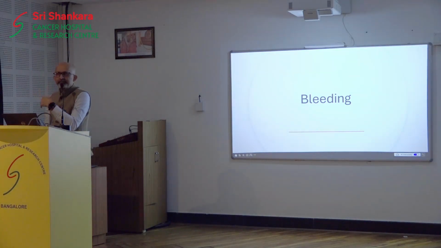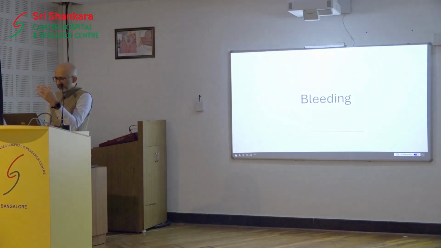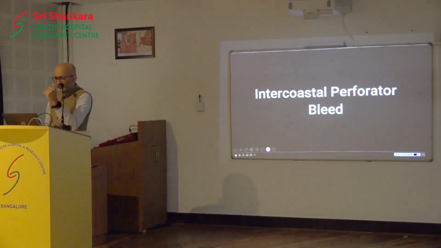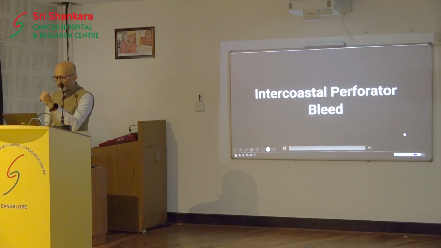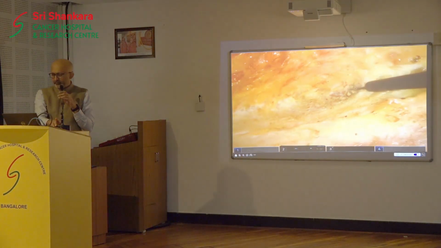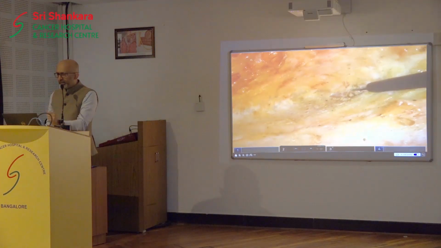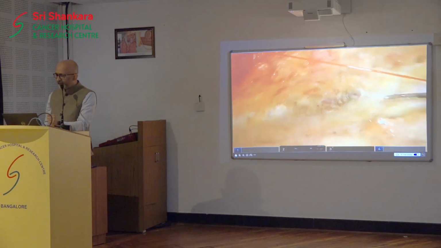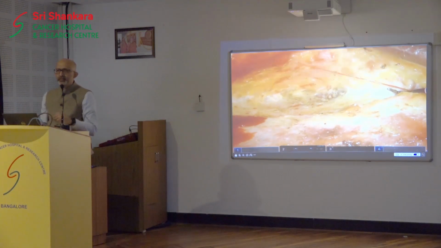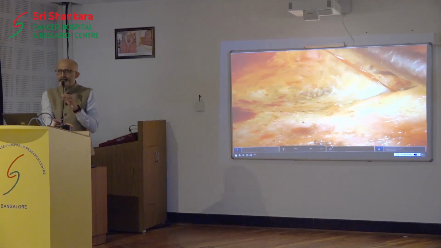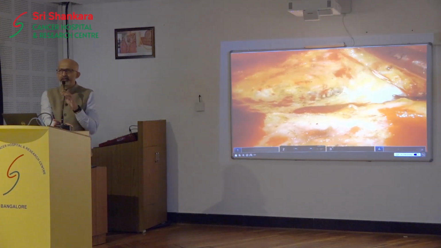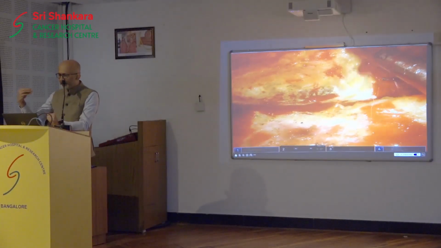Another thing that we face when we do minimally invasive surgery is bleeding from intercostal perforators. See this, one of the team members is raising, see the fountain. That is the first intercostal perforator coming from the internal mammary.